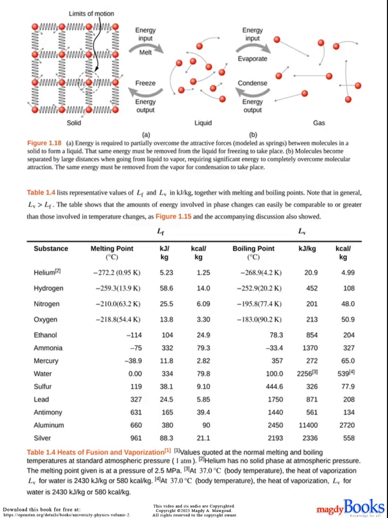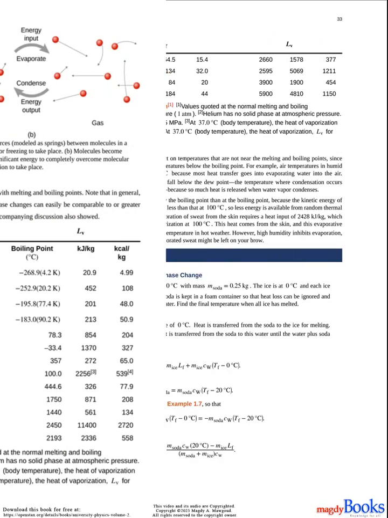Silver. Melting point, 961 degrees Celsius. 88.3 kilojoules per kilogram, or 21.1 kilocalorie per kilogram. Boiling point, 2193 degrees Celsius. 2336 kilojoules per kilogram, or 558 kilocalorie per kilogram.